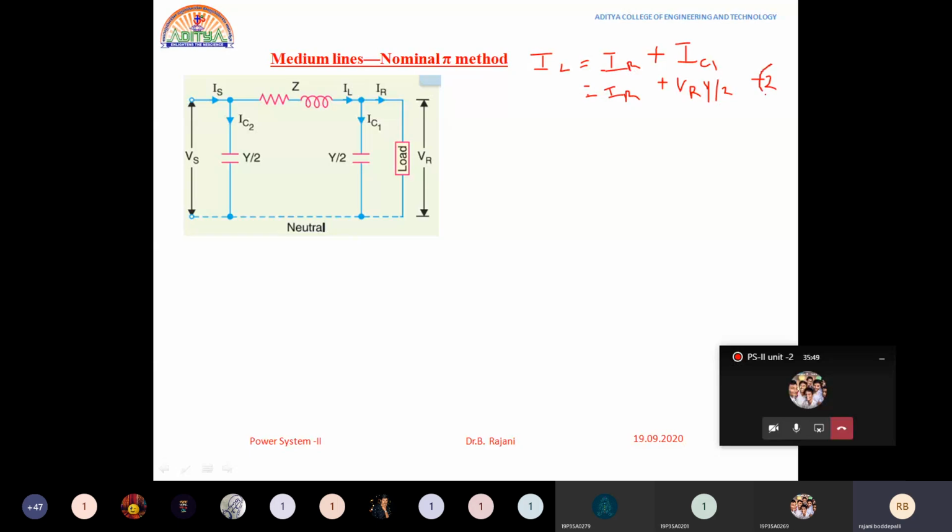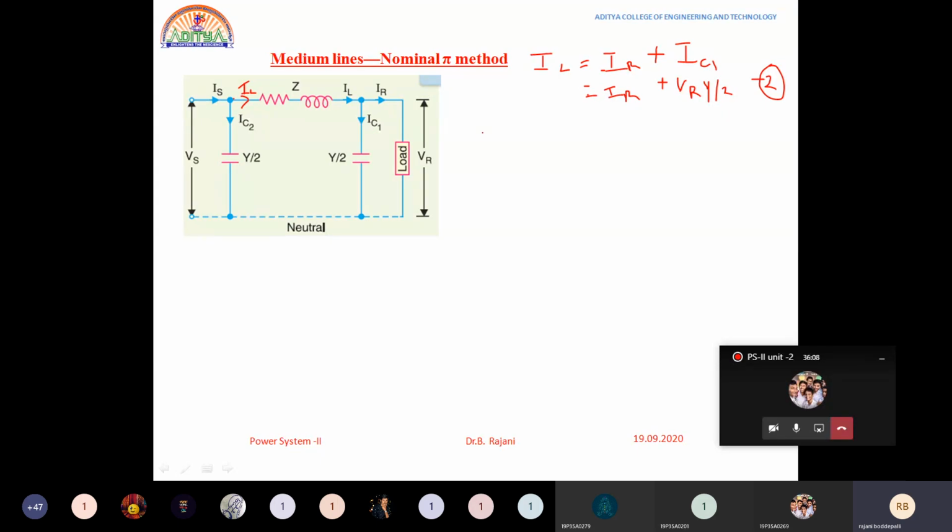What is equation 1 we are having? IS is equals to IL plus IC2 is the first equation I have taken. IL is equals to IR plus IC1 is the second equation I have taken.